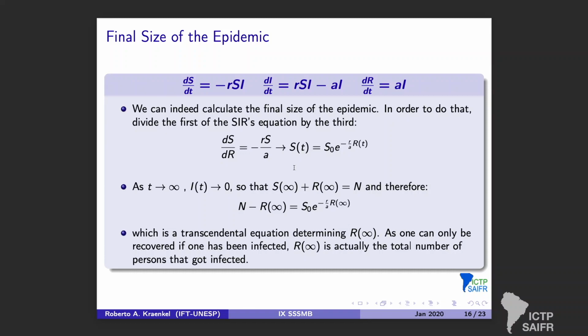Well, then you could say, if this is, for instance, 2, then it will be like 50% of the population. 3, you get 60% of the population. But this increases very fast with R0.